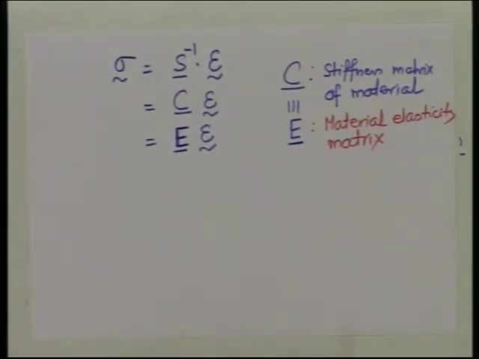Then, when the body is in a state of equilibrium and you have forces acting on it, deformation has already taken place, and therefore some strain energy is already stored in the body.